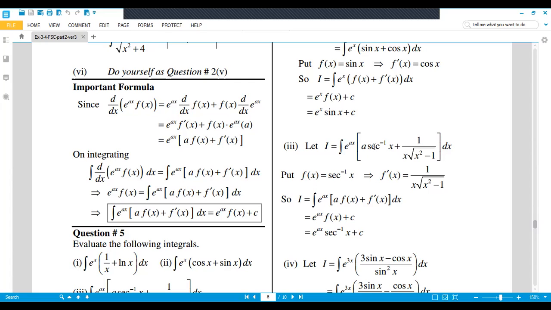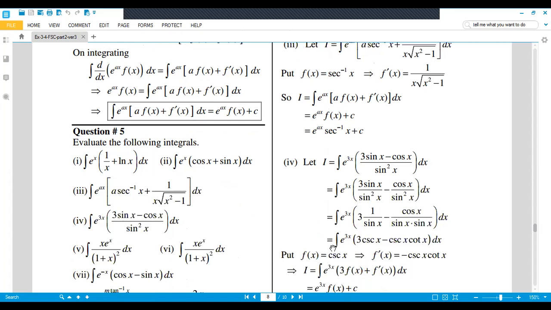This secant inverse x is f of x, its derivative is this, you know that. Now with the formula, if we put the value, e power ax as it is, secant inverse x is f of x, and this is f prime of x, so this is equal to the exponential function as it is, f of x plus c. So you put the f of x value and you will get the required answer.